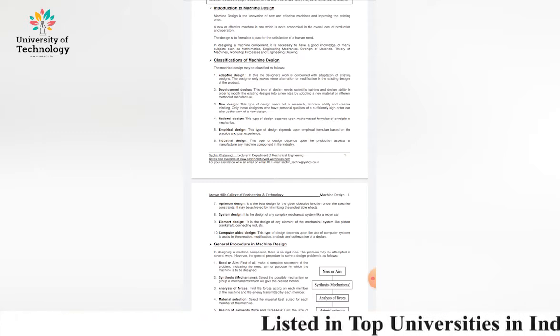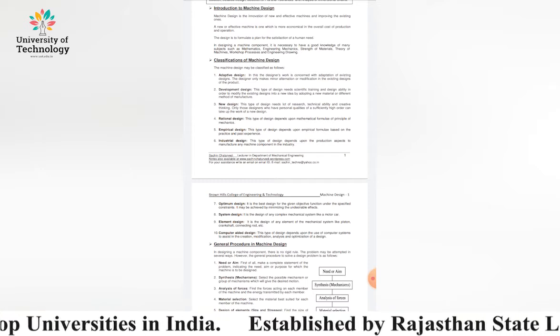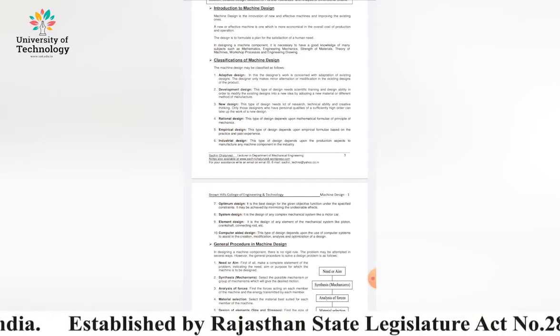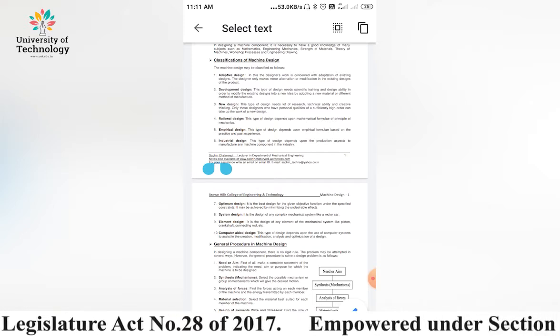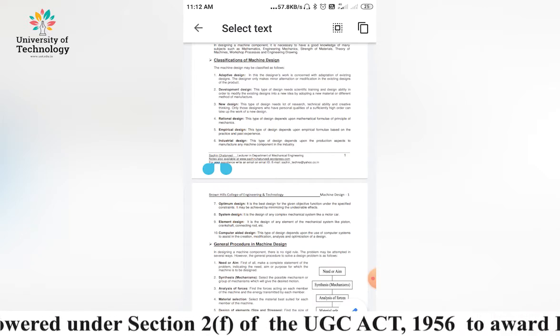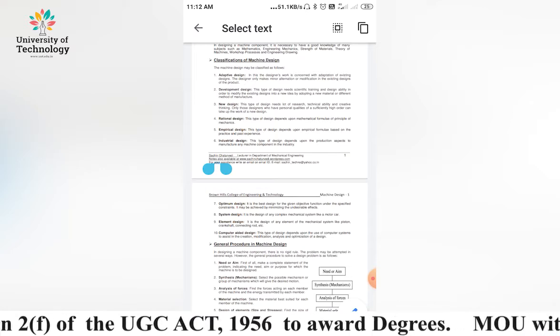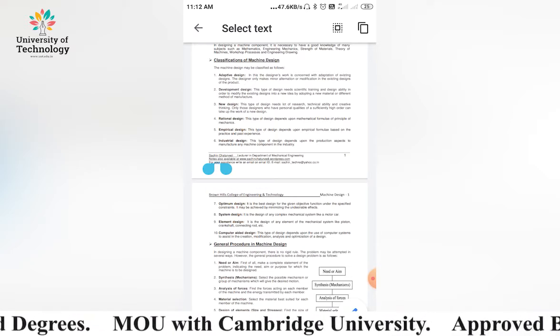Next is the development design. This type of design needs scientific training and design ability in order to modify the existing designs into a new idea by adopting a new material or different methods of manufacture.